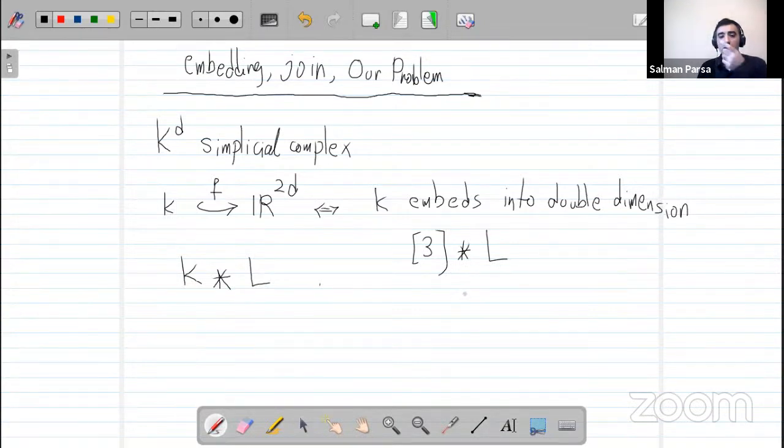I also showed this independently by some techniques which are similar to what I'm going to say today. And there's also another proof that we worked out with Arkady Skopenko.